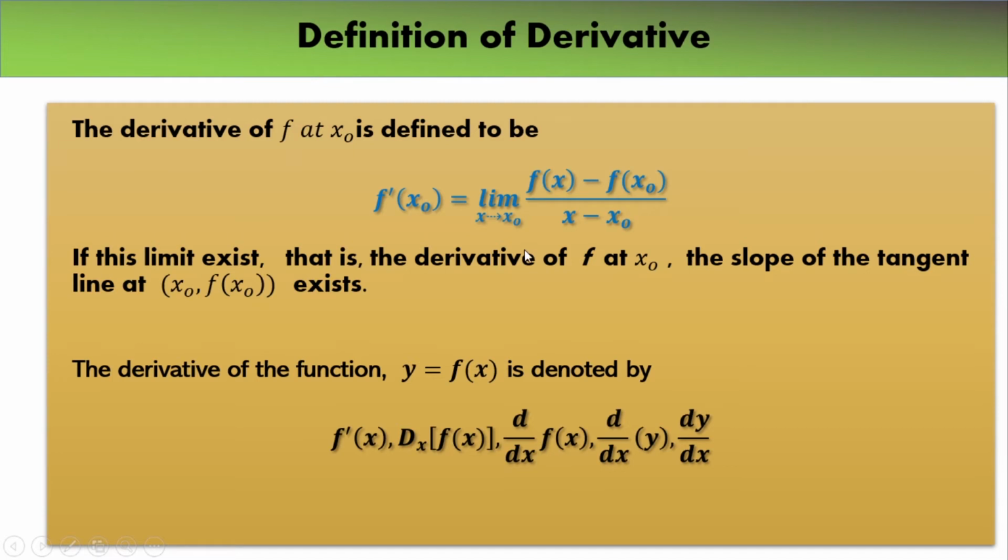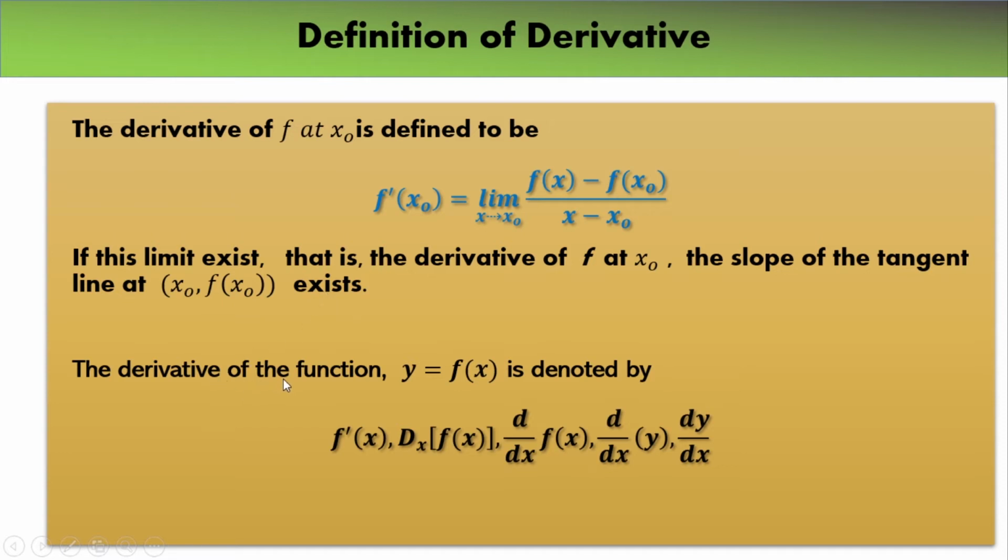So ibig sabihin, ang ating derivative ay ang slope ng ating tangent line. So if this limit exists, that is the derivative of function at x₀, the slope of the tangent at x₀, f of x₀ exists.